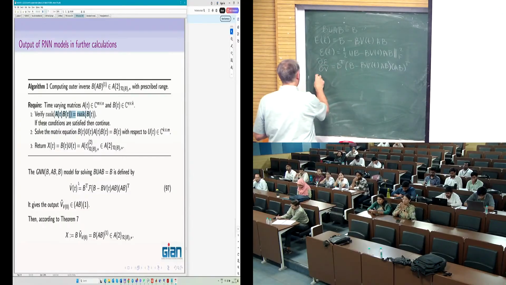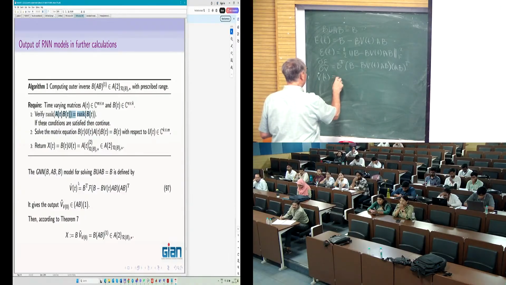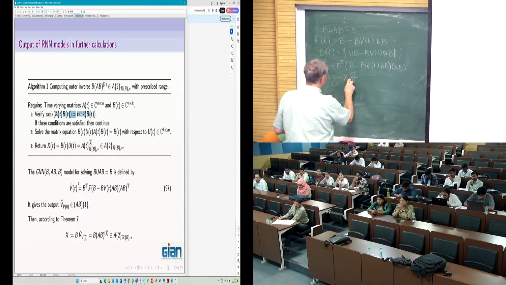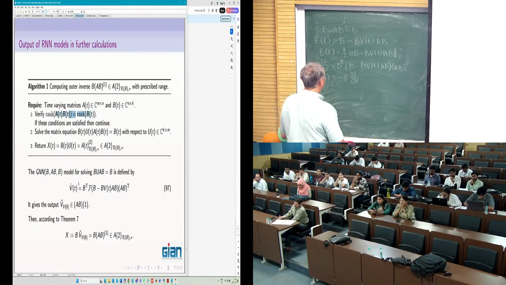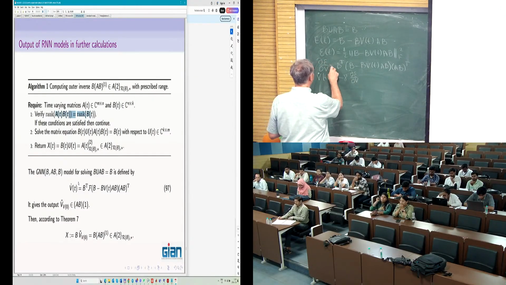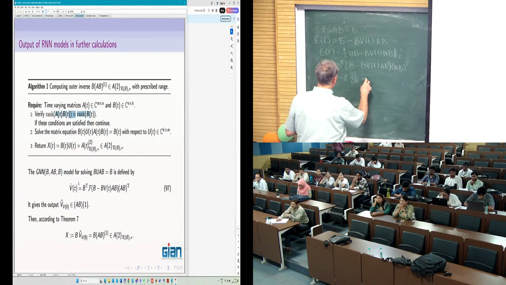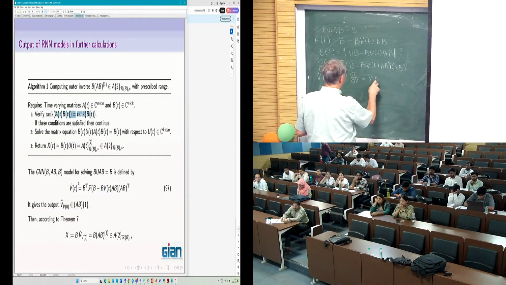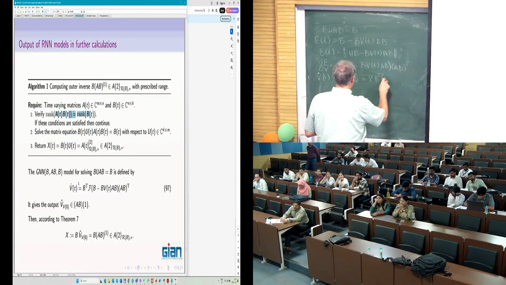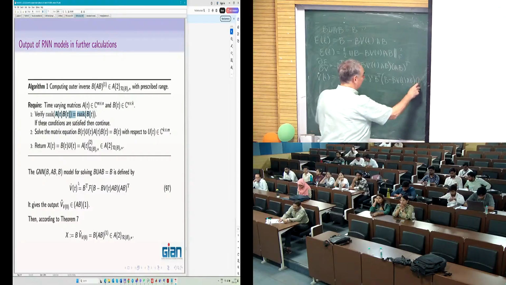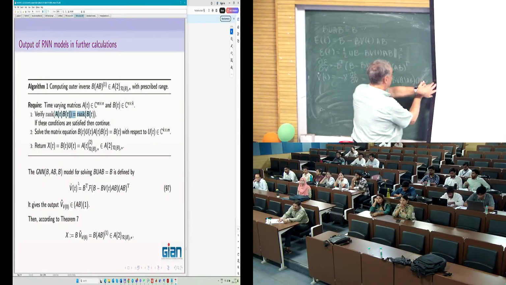And finally, the GNN model is the relation between the time derivative of V of t and minus gamma. And one minus here, sorry. It will be gamma B transpose, B minus B V of t AB, AB transpose.